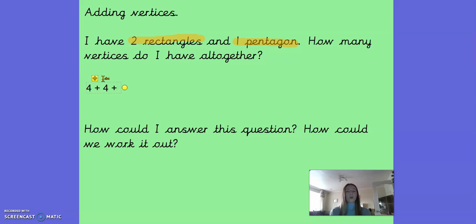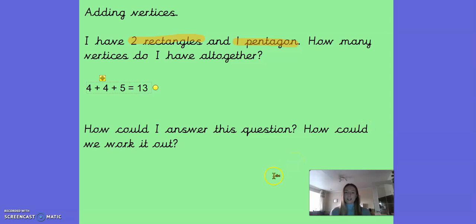So I'm going to do 4 add 4 for my 2 rectangles. And a pentagon has got 5 sides. I'm going to pause this video for you to work out how many vertices we have got all together. So 4 add 4 is 8, and then 8 add 5 is 13. So all together we have got 13 vertices.